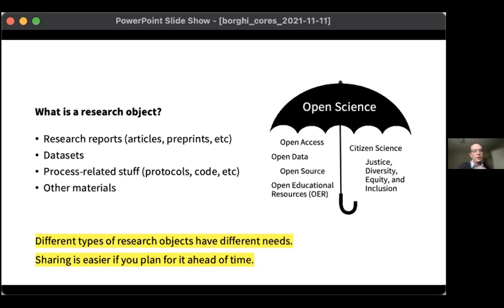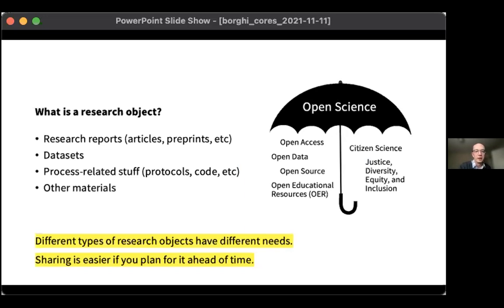And these different categories, these objects, have different needs. When you're talking about sharing a paper, you're having a different conversation than when you're talking about sharing a data set. Similarly, you're having a different conversation when you're bringing in code and what it means to share code in a useful way.